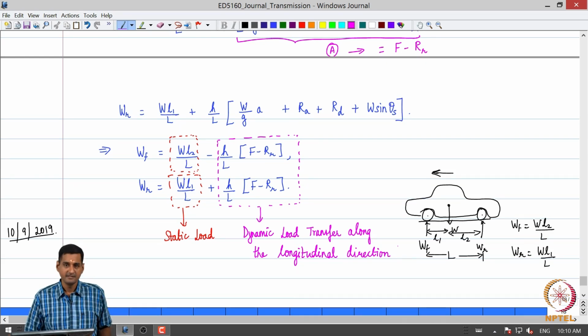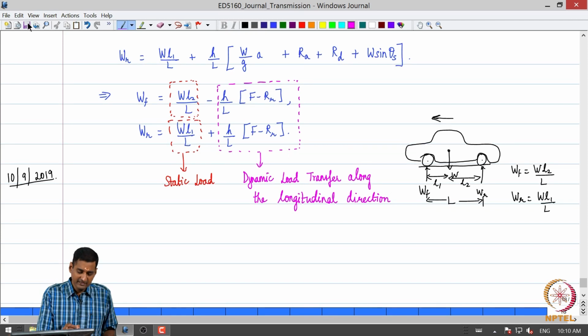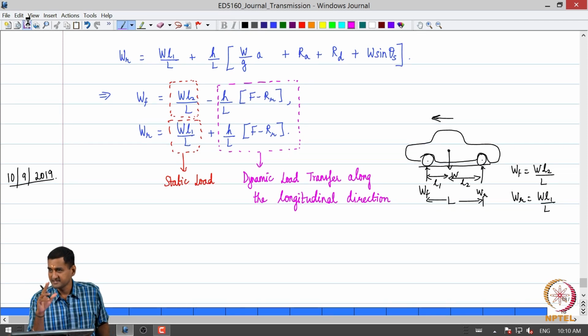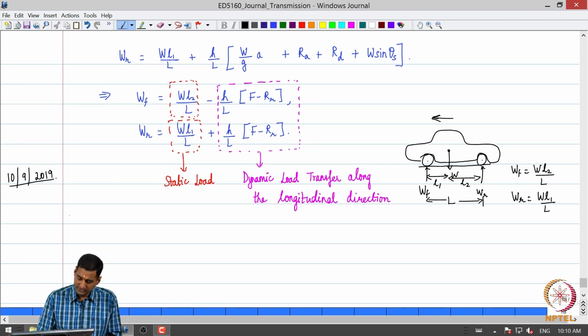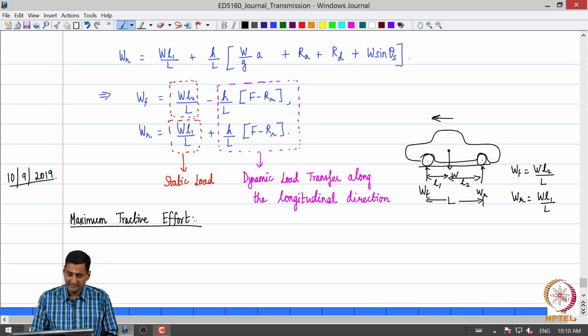Okay. So that is the second term on the right hand side of both equations. So we can see that the expression for WF consists of two components, the static load and the dynamic load transfer. So now what we are going to do is to essentially determine what will be the maximum tractive effort that is possible when we drive the front wheels and the rear wheels.